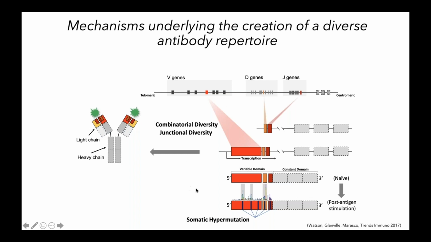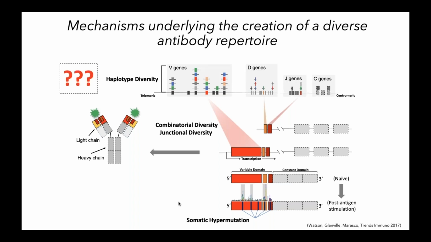And so the processes here that I bolded, combinatorial diversity, junctional diversity, as well as somatic hypermutation, what happens after antigen stimulation, have been studied a lot. We continue to learn a lot about these processes and their contribution to the antibody response.